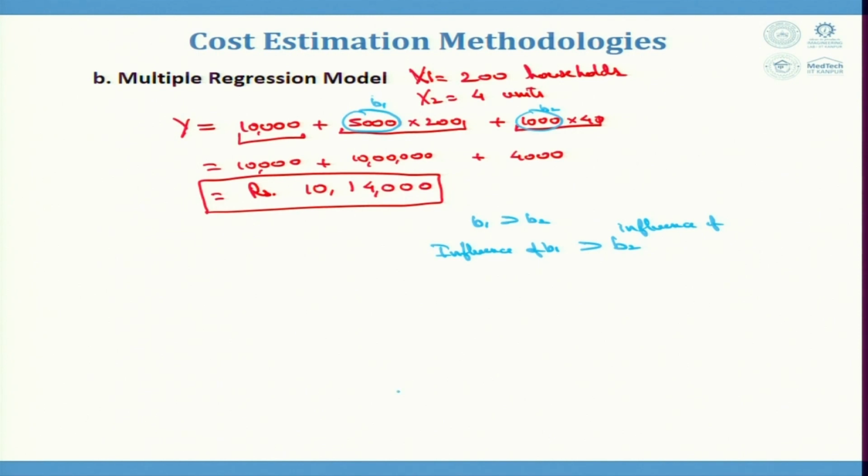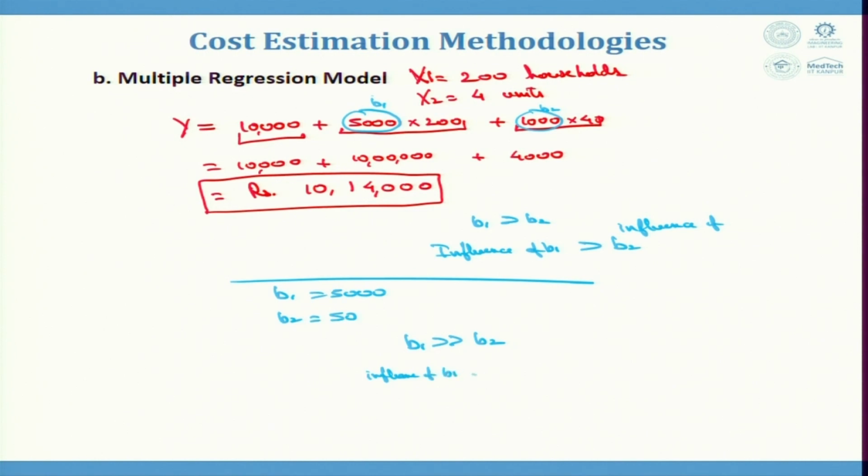In case suppose this B1 was 5,000 only and B2 was 50, then you can say B1 is very very large than B2 and influence of B1 is very very large than influence of B2, then B2 factor even could be ignored because it is not contributing much.